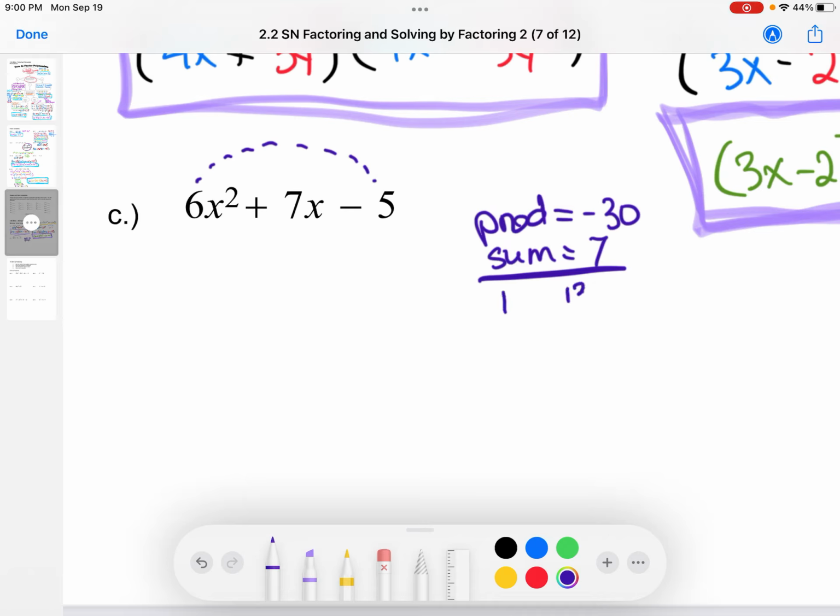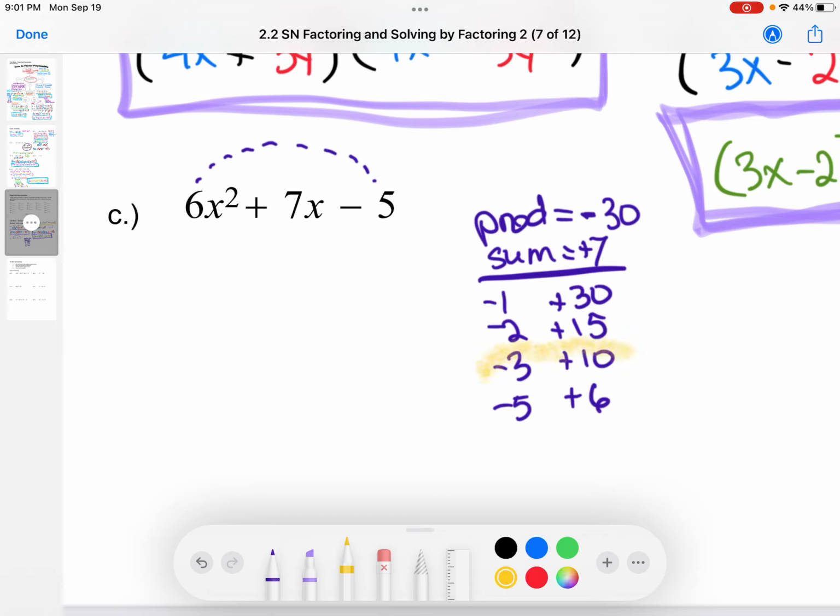Factors of 30: 1 times 30, 2 times 15, 3 times 10, 5 times 6. We need a negative 30, so we need a negative sign, but we need a positive 7, so we need that larger number to be positive and that smaller number to have the negative.